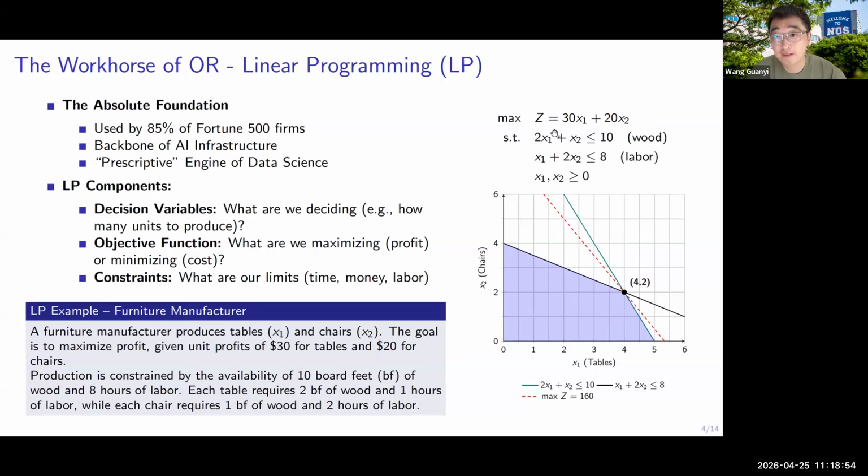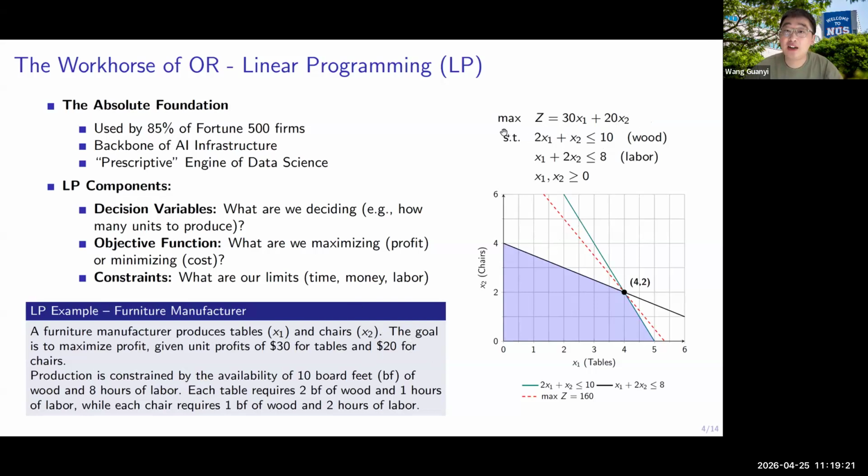The total profit is the summation of them, and this capital Z denotes the value of our current profit under different choices of the number of tables and chairs.